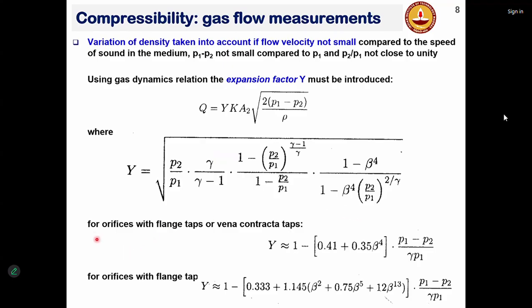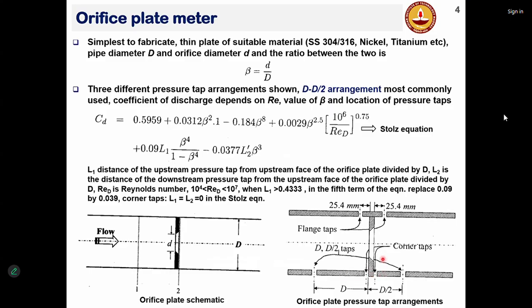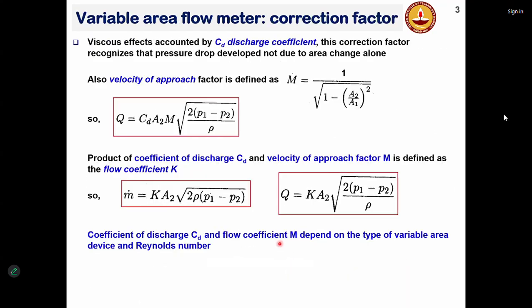And in orifices, when you have flange taps or Benacontra taps, then you can approximate this Y. Basically, we talk about the flange tap, and these corner taps are typically called the Benacontra taps.